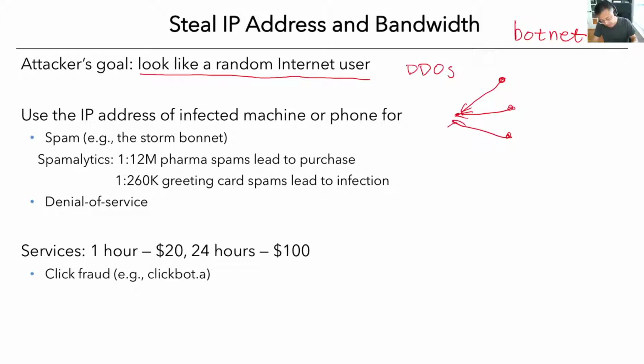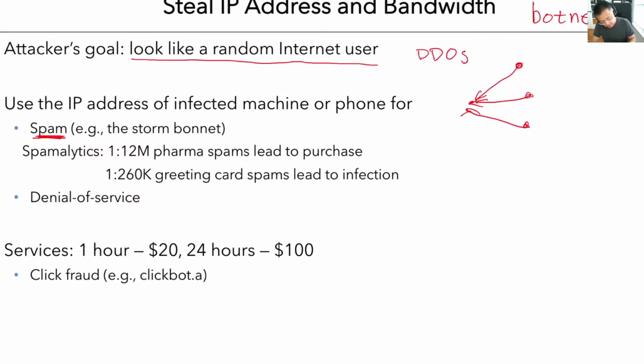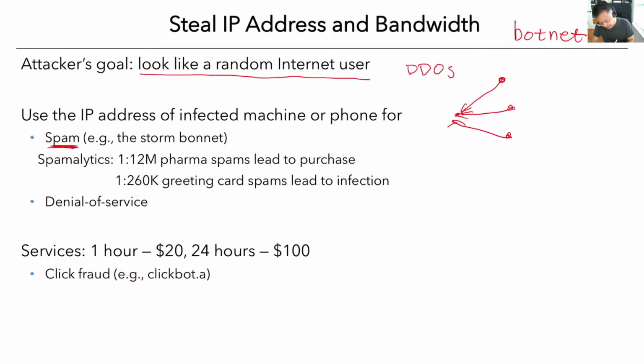Okay? So they can use the IP addresses of the infected machines for spam. There are a lot of botnets which are used to send spam. According to spam analytics, 1 out of 12 million pharmaceutical spams will lead to a purchase. 1 out of 12 million.